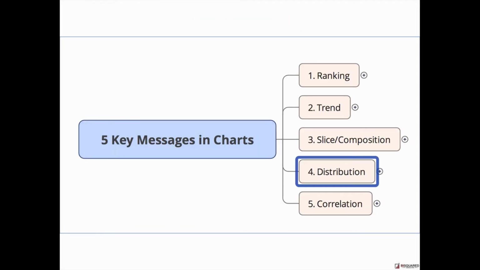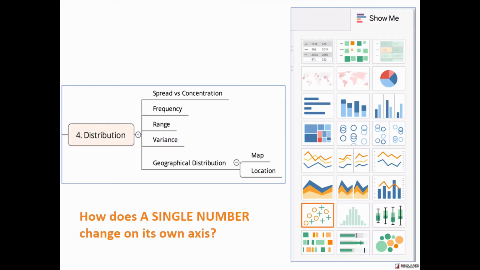So now let's quickly revise what we have seen in 5 key messages so far in charts. So we started off with the first 3 and they are fairly simple. And then the last 2 are statistically oriented. In distribution, if you remember, the keyword was spread versus concentration or frequency. So there we were interested in range or variance, right?